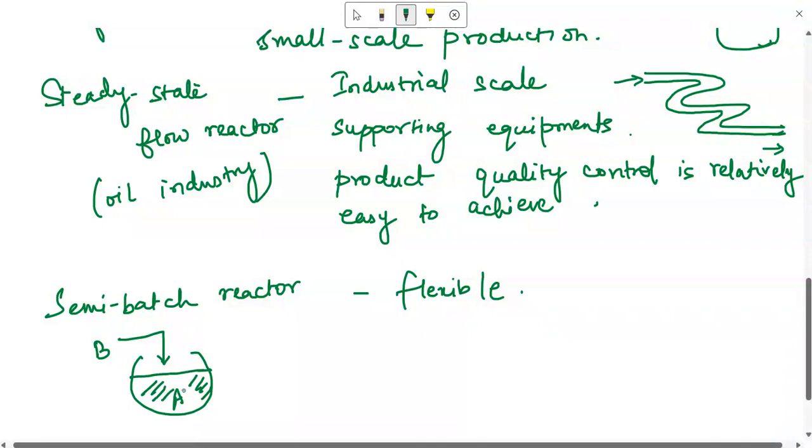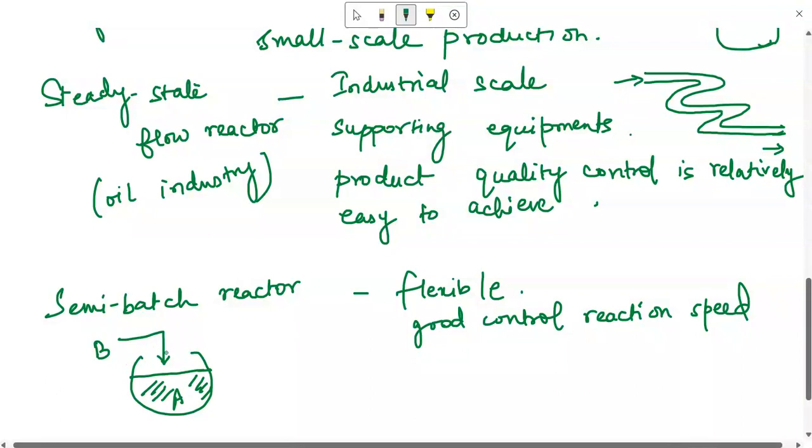It's not fully batch because you have not added everything all at once, but you are adding it at given intervals. So this offers very good control. Control on what? On the reaction speed, because you are adding the reactants as required.